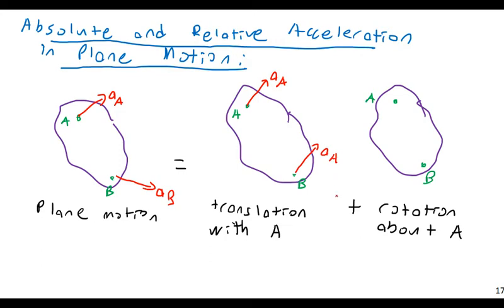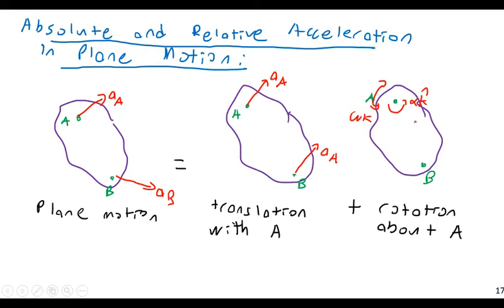And then I would have some amount of rotation here. And let's see. So about A, I would have my omega k, some amount of rotation. But then I would also have an alpha k, a rotational acceleration about A, and then I would have a translational acceleration as well.